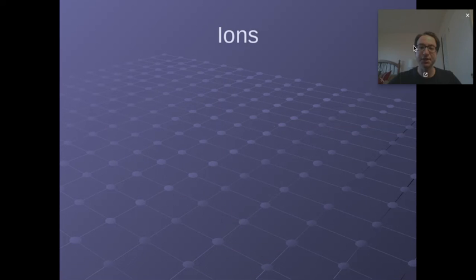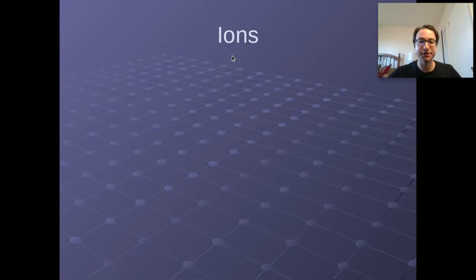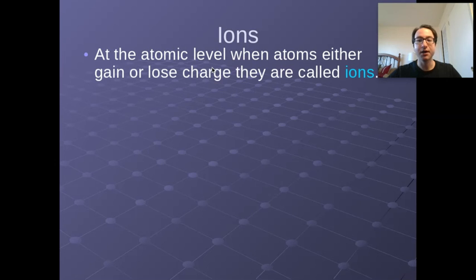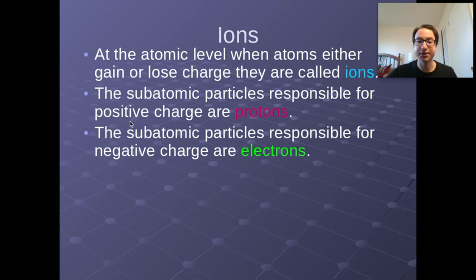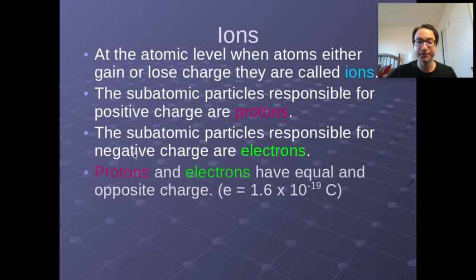So this is kind of a summary of these first 2 videos, this ion slide. Ion is the term for any charged object. That is, an object either gains electrons or it loses electrons. It is then electrically charged, and it is called an ion. Once again, the protons are our positive charges, and the electrons give us the negative charge.